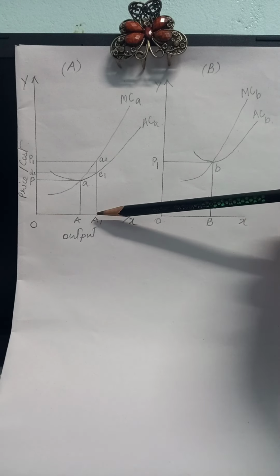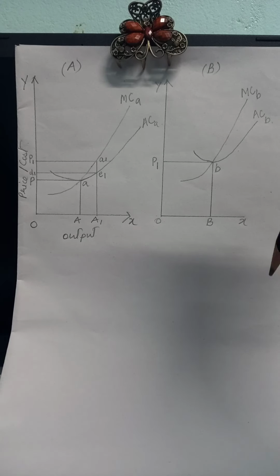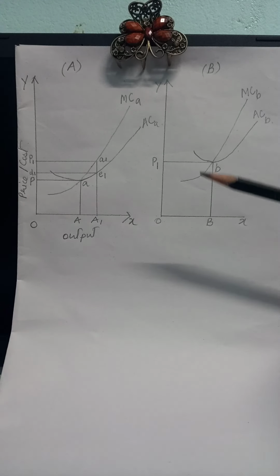This is the total rent enjoyed by this plot of land after the producers make use of plot B. Now if you look at plot B, this plot of land yields an output of OB at a price OP1.